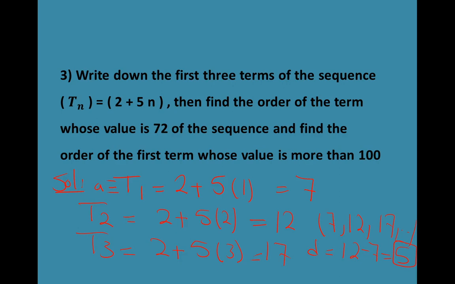Then it is required to find the order of the term whose value is 72. I can solve this question using two different methods.